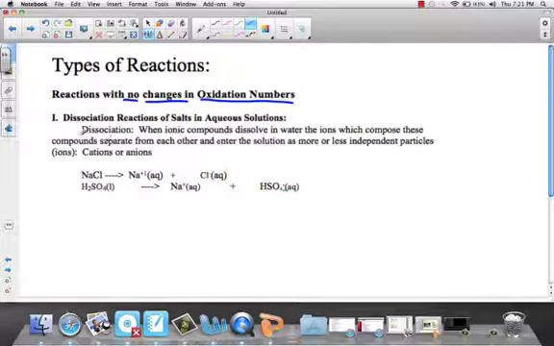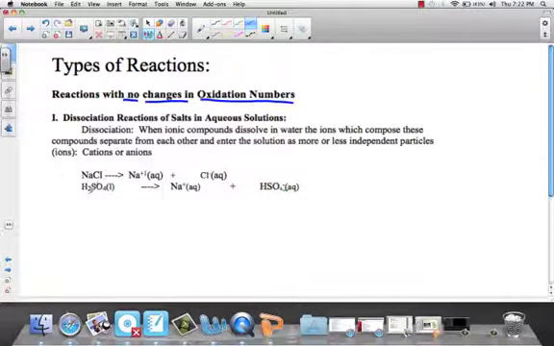This usually happens in dissociation reactions of salts in aqueous solutions. The word dissociation, recall, means when an ionic compound dissolves in water, the ions which compose these compounds separate from each other and enter the solution as more or less independent particles, or ions.